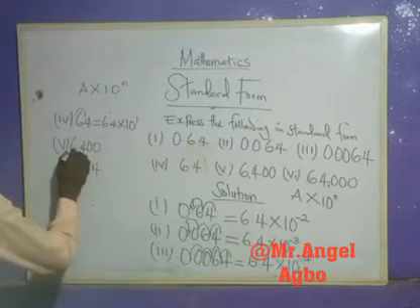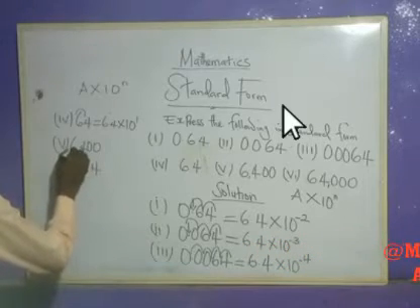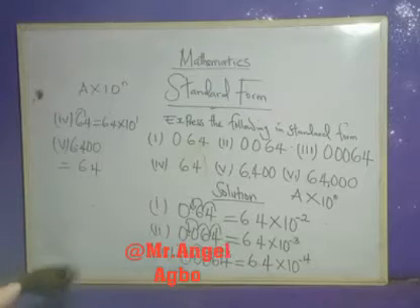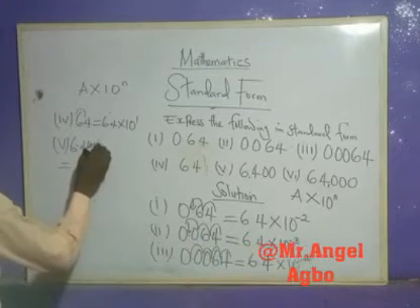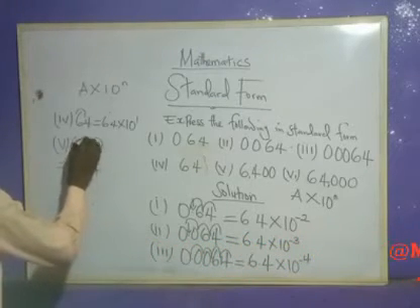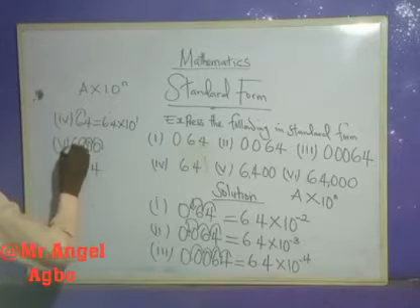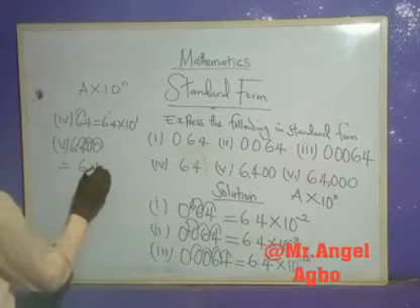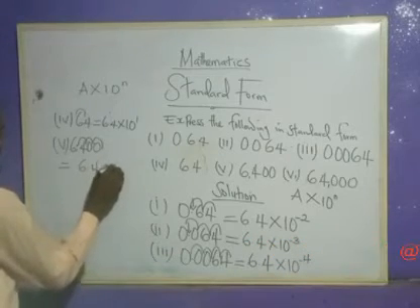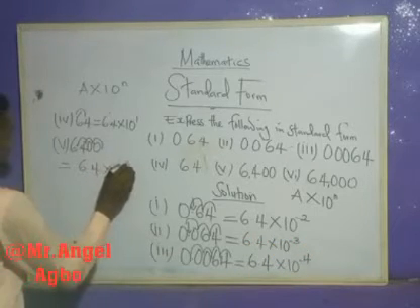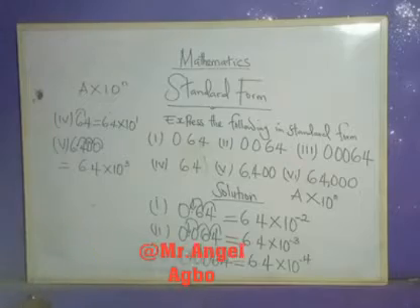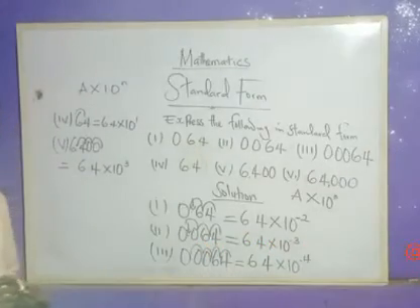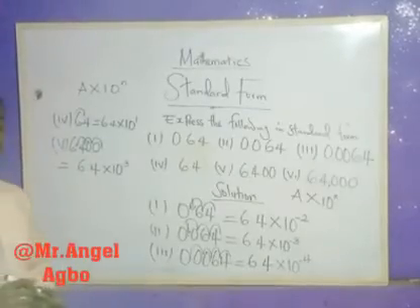Let's start counting. Your decimal point is here, but we are counting to the left, as I earlier told you. So we are counting to the left 1, 2, and 3. Are you getting me? The decimal point is here, so it's equal to 10 raised to power positive 3 because it is greater than 1.